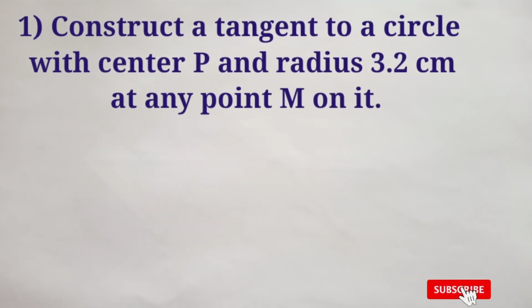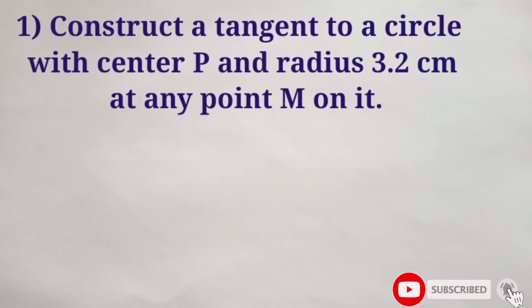So this is question number 1 from the practice set number 4.2. Construct a tangent to a circle with a center P and radius 3.2 cm at any point M on it. So first of all we have to draw one circle of a radius 3.2 cm.